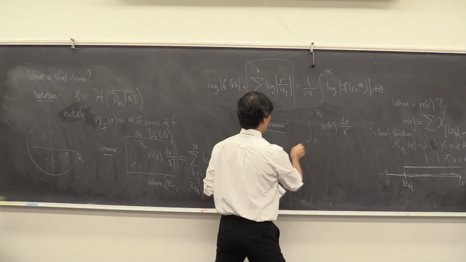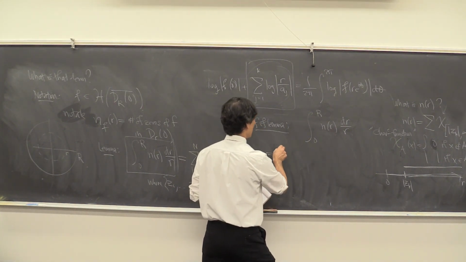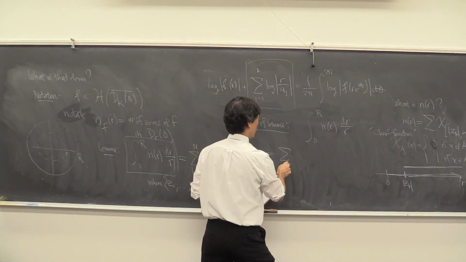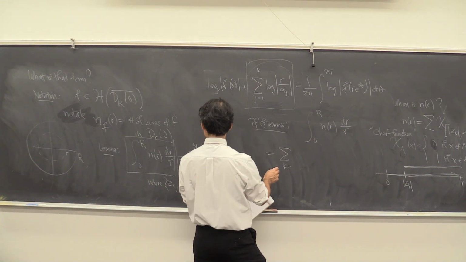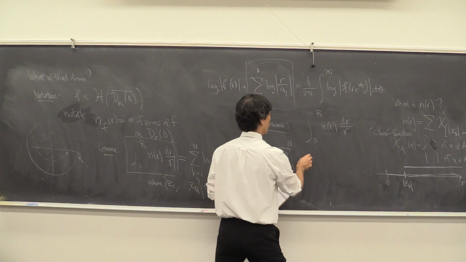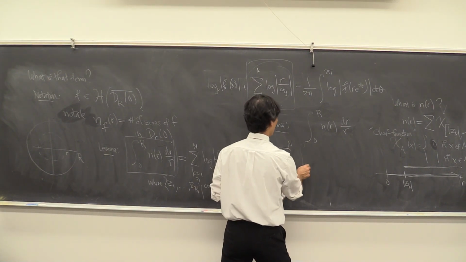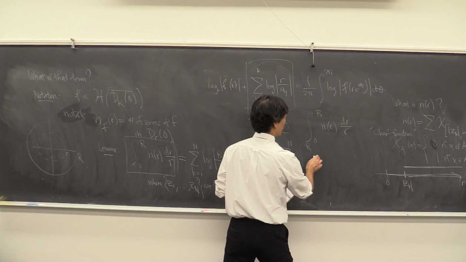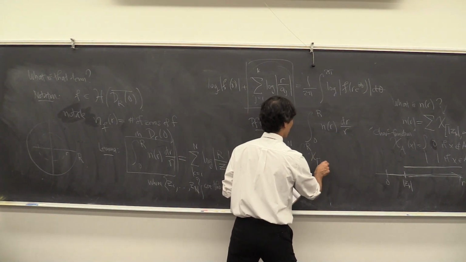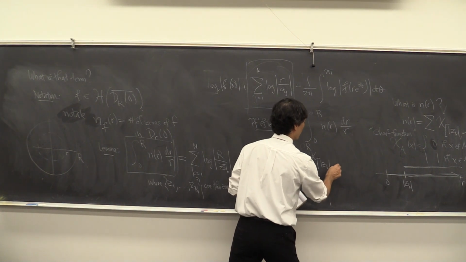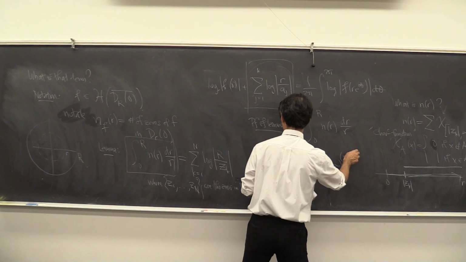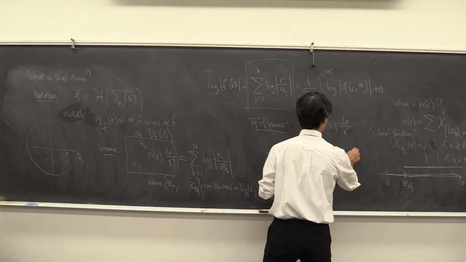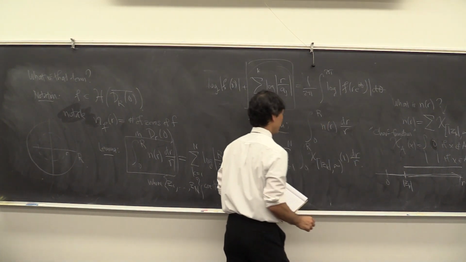So in any case, this turns into the sum from k equals 1 to n of the integral of the characteristic functions against dr over r.